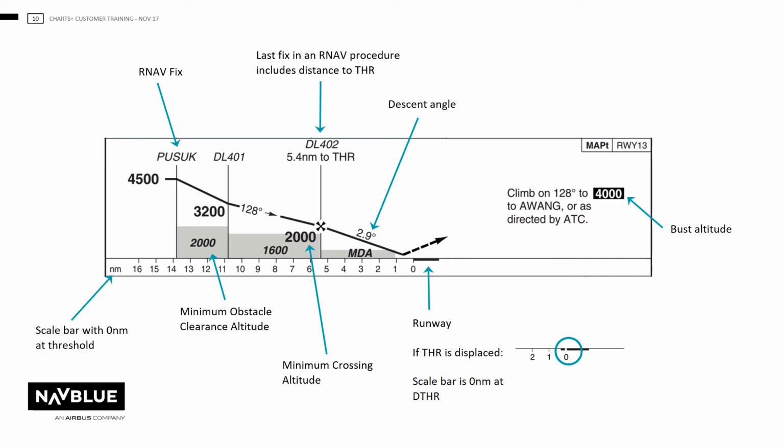The scale bar at the bottom are distances in nautical miles from the threshold or displaced threshold. NavBlue will not show distances after the threshold or displaced threshold.